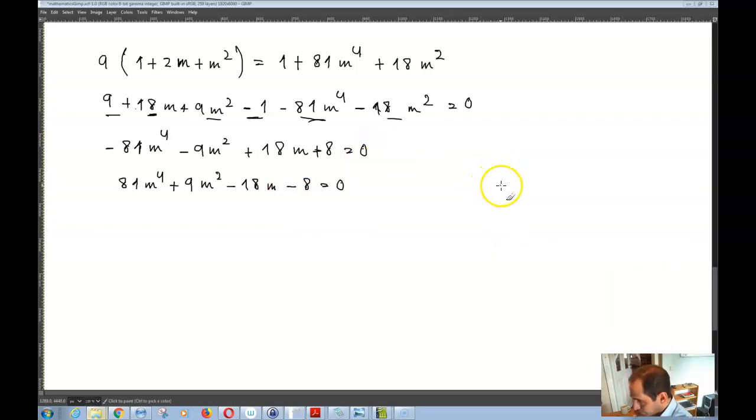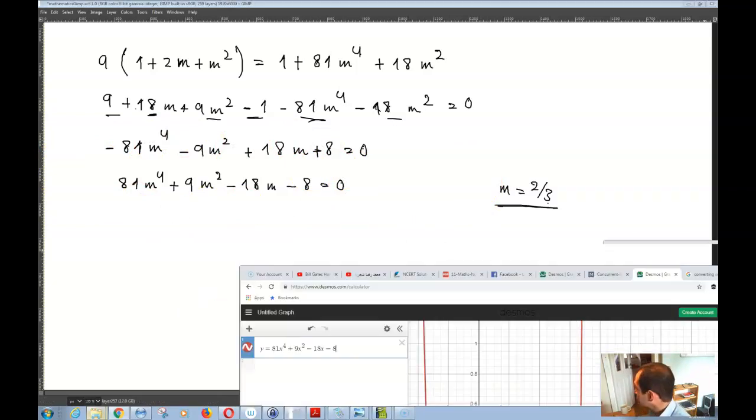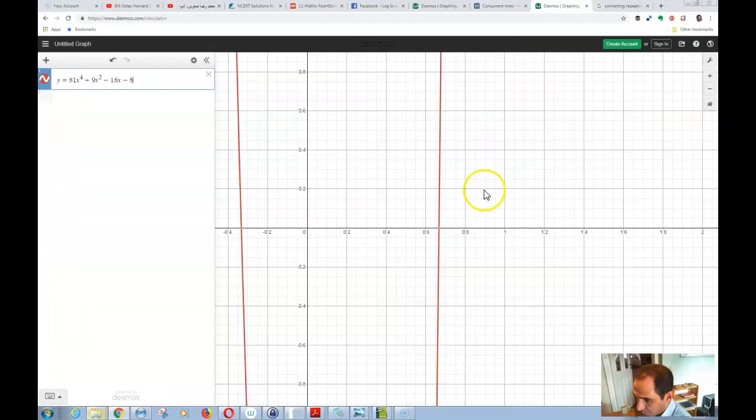So now since m is equal to 2/3 is a zero of this polynomial, what that means, and as you can see over here, this polynomial, although it's a 4th degree polynomial, it has only 2 real roots.